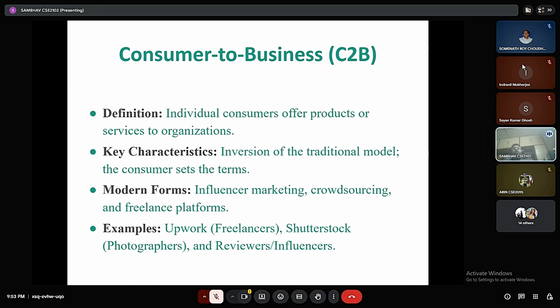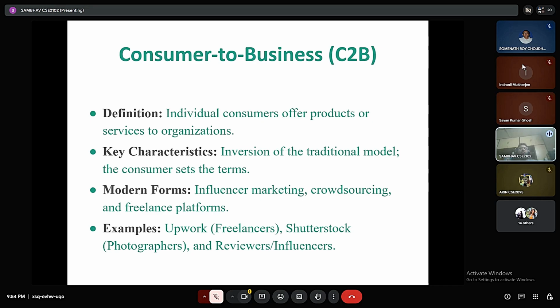I would like to begin with the C2B type of business model, which is consumer to business, in which the consumer sells their product or services directly to different organizations. It works like an inversion of a general business model in which the consumer generally buys a product from a business, but over here it's totally opposite.